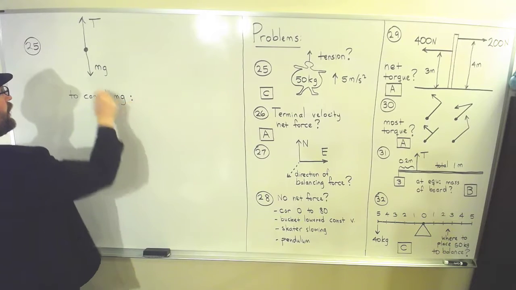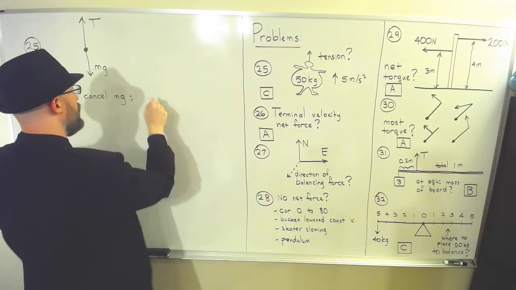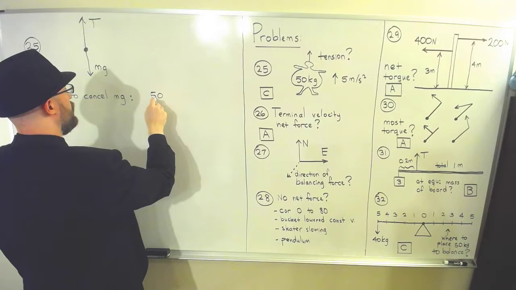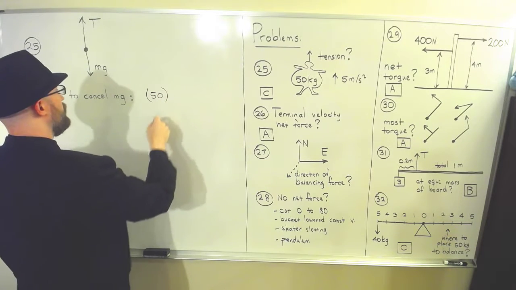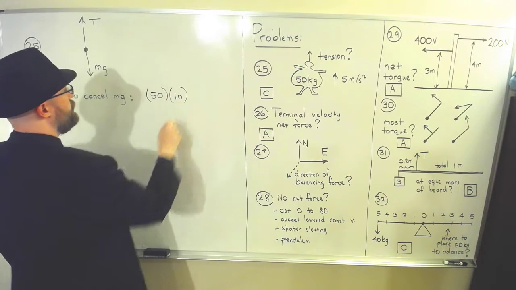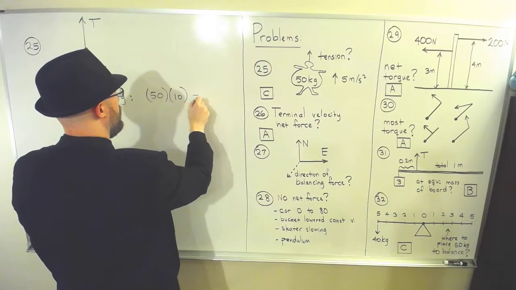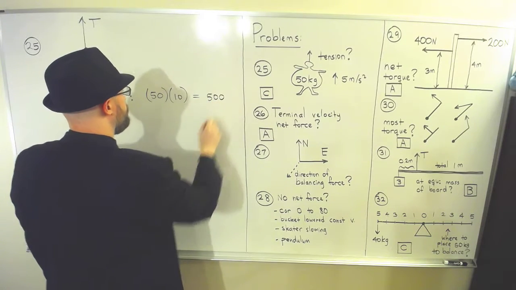You need the same amount of force upward, which would be 50 kilograms, I won't put in the units here, times 10 meters per second squared. And so this is 500.